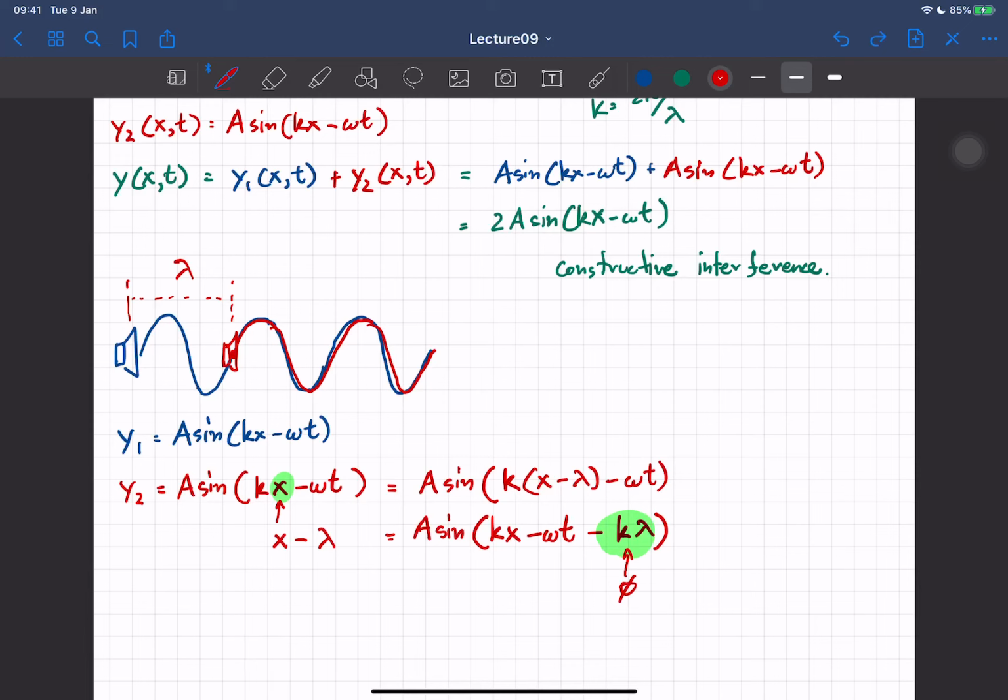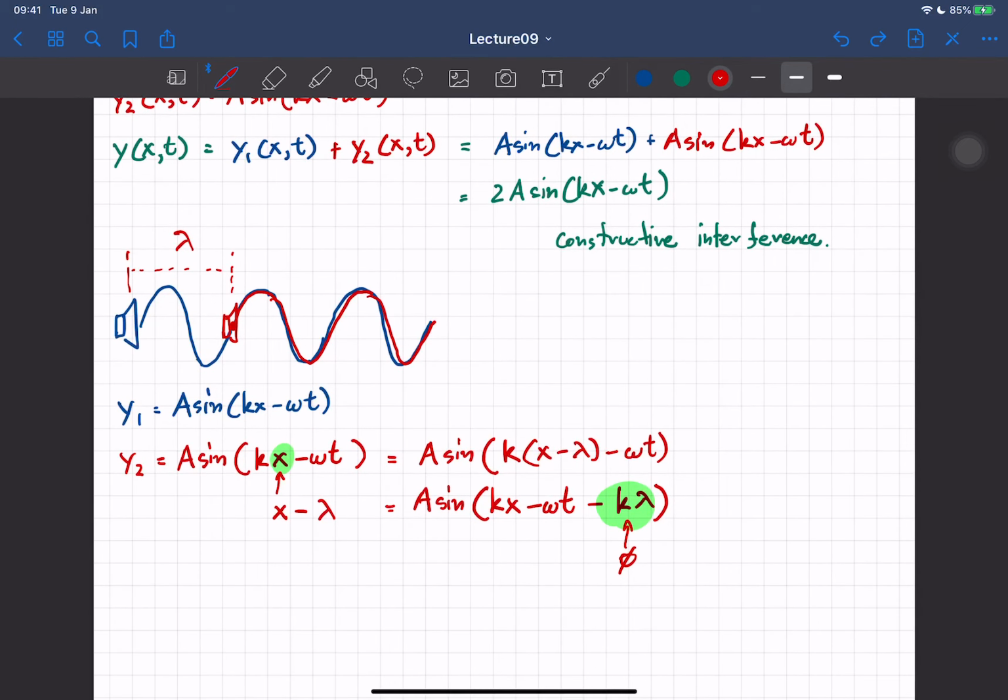But it ends up giving the same effect, which is some extra factor here. So you can see, what's the phase difference between y1 and y2 in this case? Remember, the phase difference is just the difference in the phase. For y1 it is 0, for y2 it is k lambda, okay?